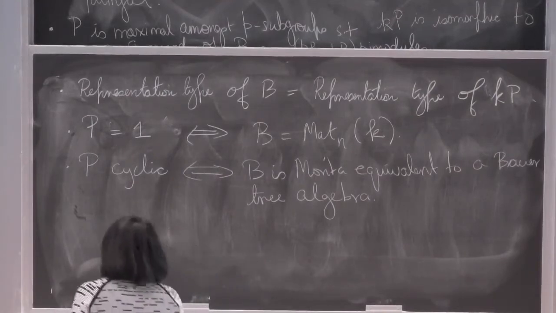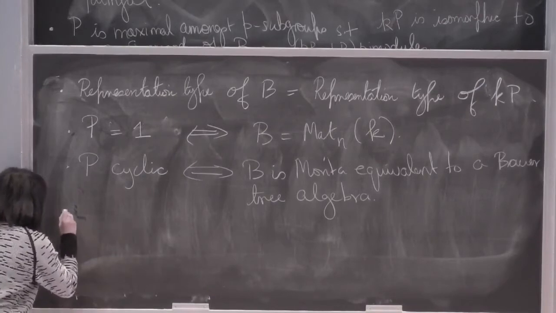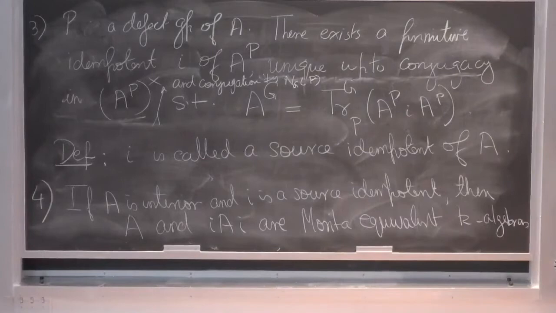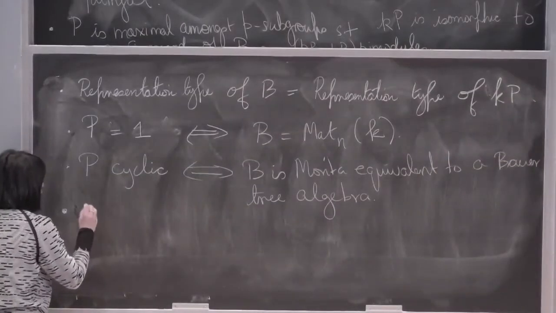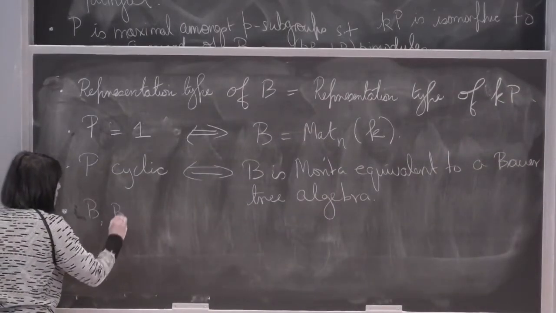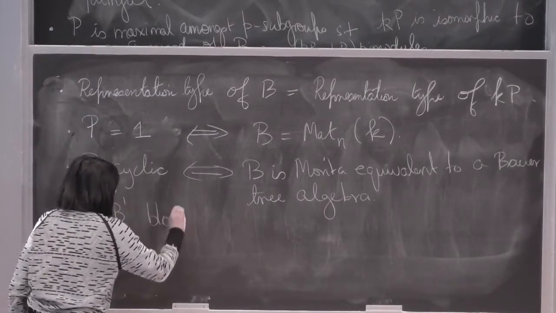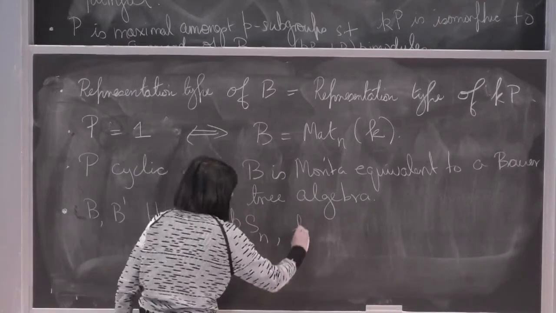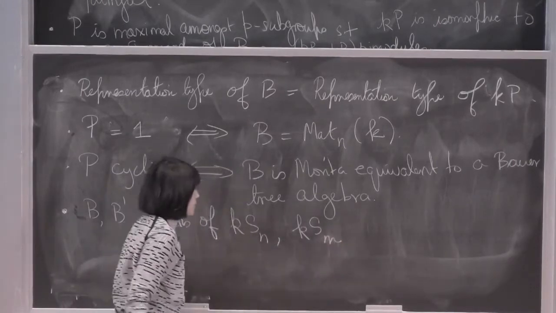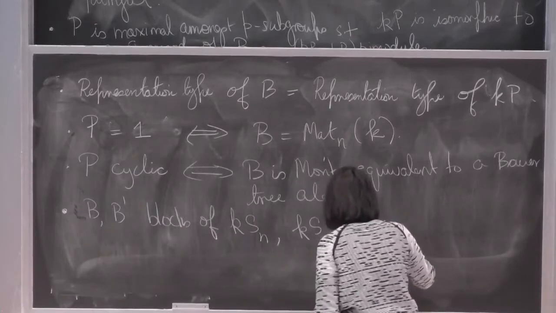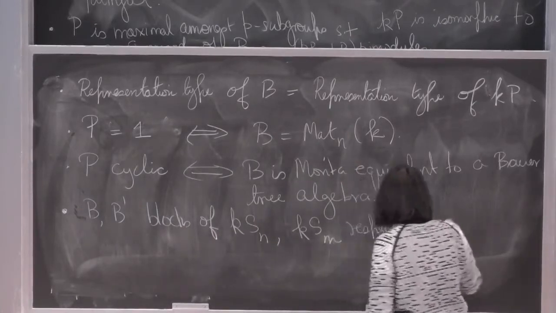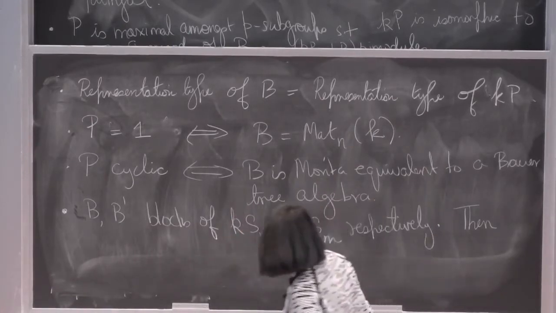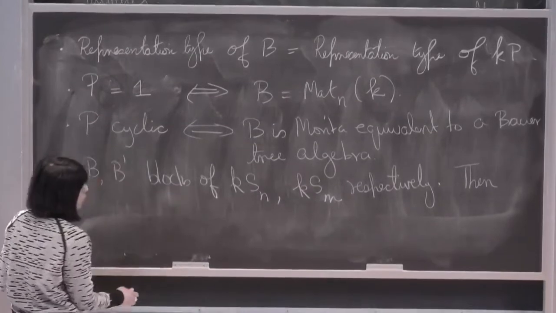I'm going to give you another result, just to give you a flavor of why we are so interested in these defect groups. Now consider B and B prime, blocks of two symmetric groups, respectively. So just consider the family of symmetric groups and look at blocks there.